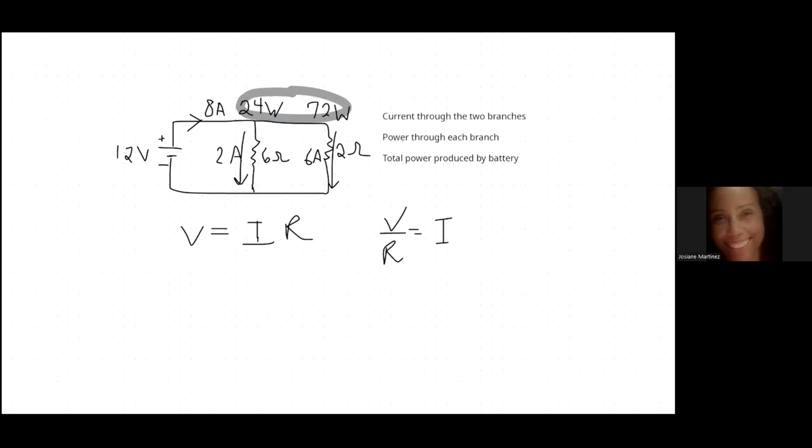What's the total resistance of this circuit, these parallel branches? Well, I'm going to use the simplified form of the formula. It's the product over the sum. So we see we have 8 over 18. Excuse me, it's not 8, it's 12 over 18.